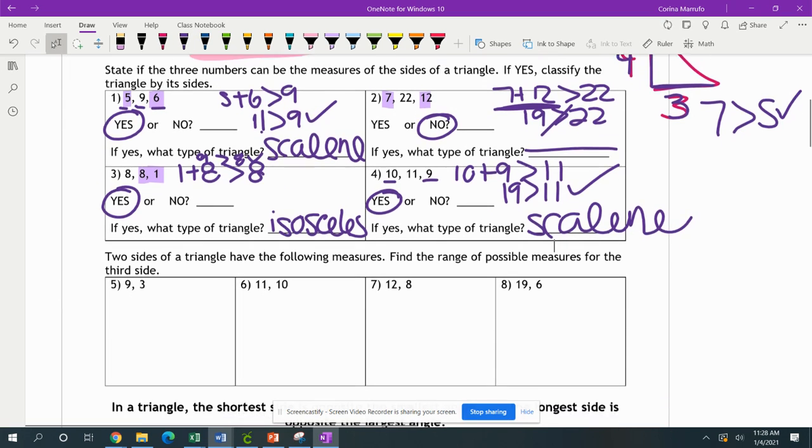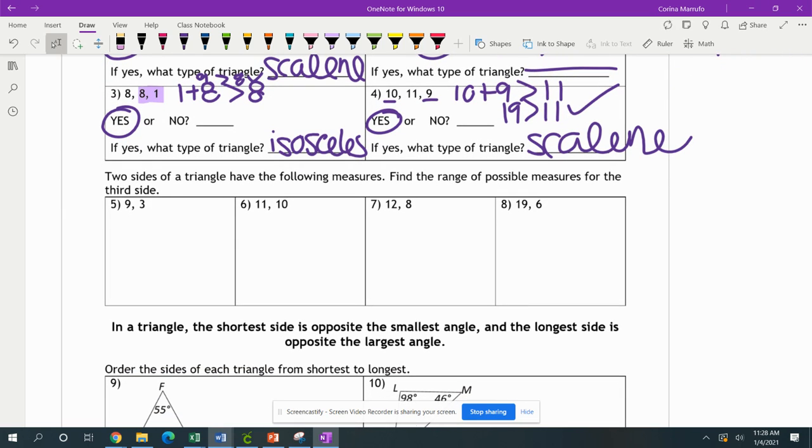Okay. So here it says two sides of a triangle have the following measures. Find the range of the possible measures for the third side. So they give us two. It could be possible that these two are the smaller sides, okay? So if they're the smaller sides, well, 9 plus 3 is going to give us 12, okay?